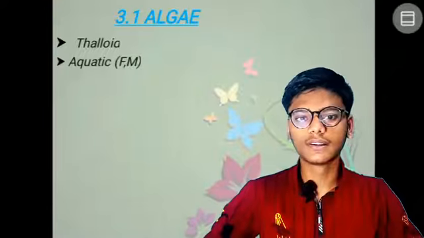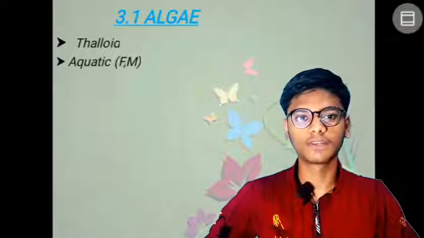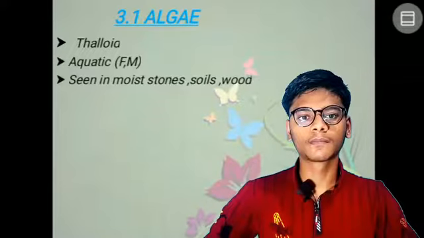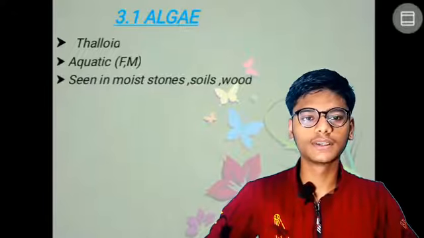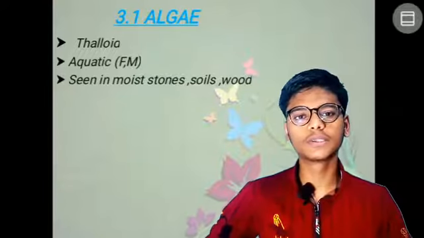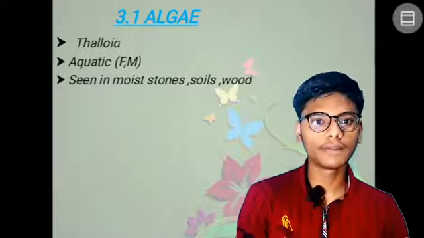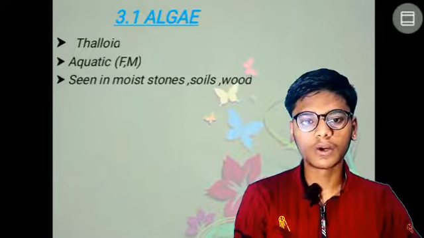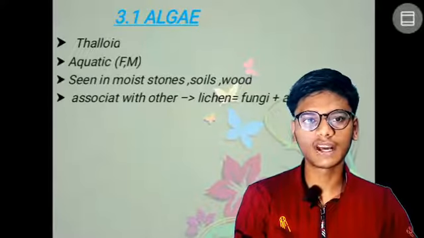And aquatic, they are found in freshwater and marine water. FM, freshwater, marine water. Seen in moist stones. Algae need a moist place, like moist stone, soil, wood. In various places we can see algae.